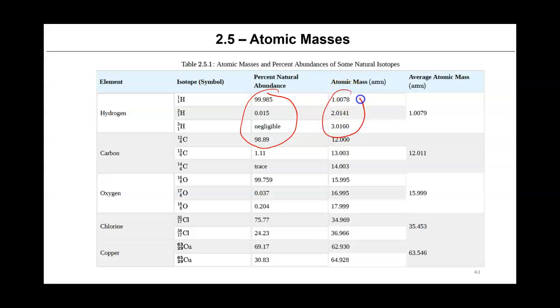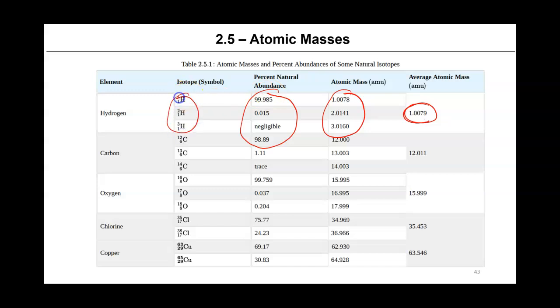Each isotope will have a mass associated with it, and when we average these, taking into account the relative proportions of the isotopes, we get an average atomic mass that represents what an average atom might weigh in a natural sample. This average atomic mass will always be closest in mass to our most abundant isotope.